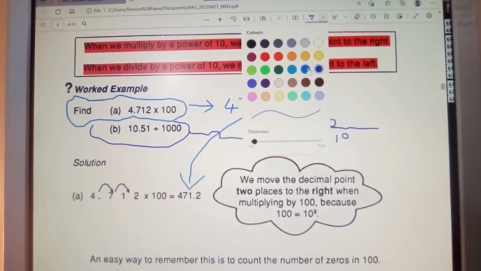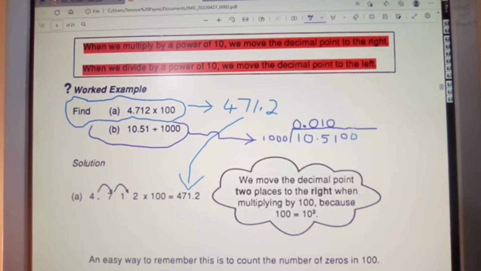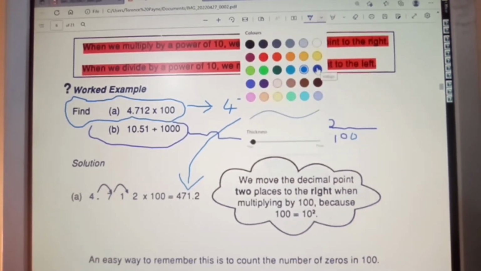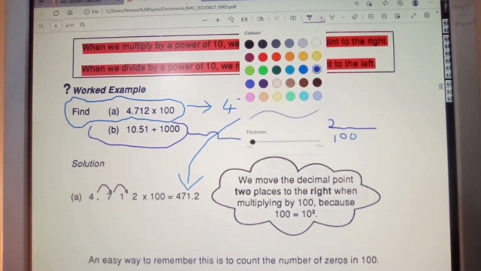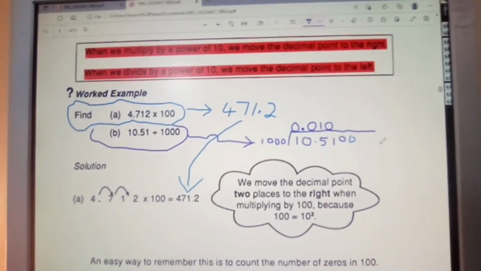I'm using my blue. Okay. We have 0 here. So that gives us, oh, sorry, I was using purple. Sorry, purple for me.